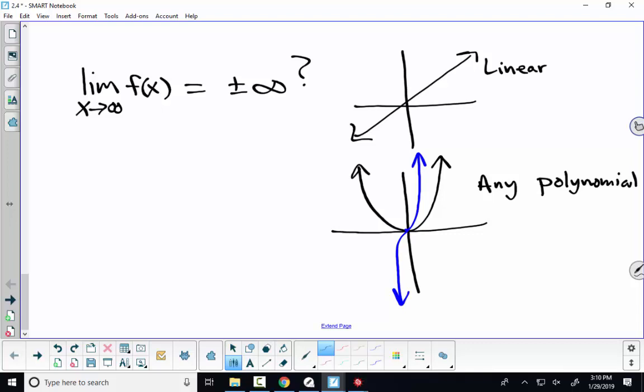Can you think of a function whose end behavior is both? Like a function that does have a horizontal asymptote and it also goes towards infinity? Square root function?